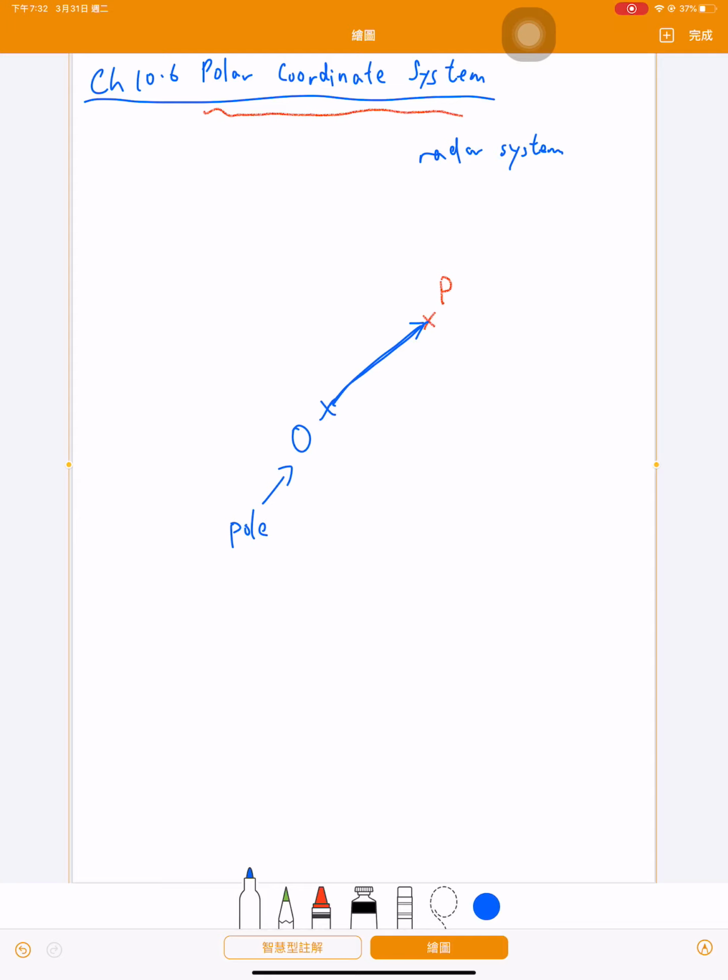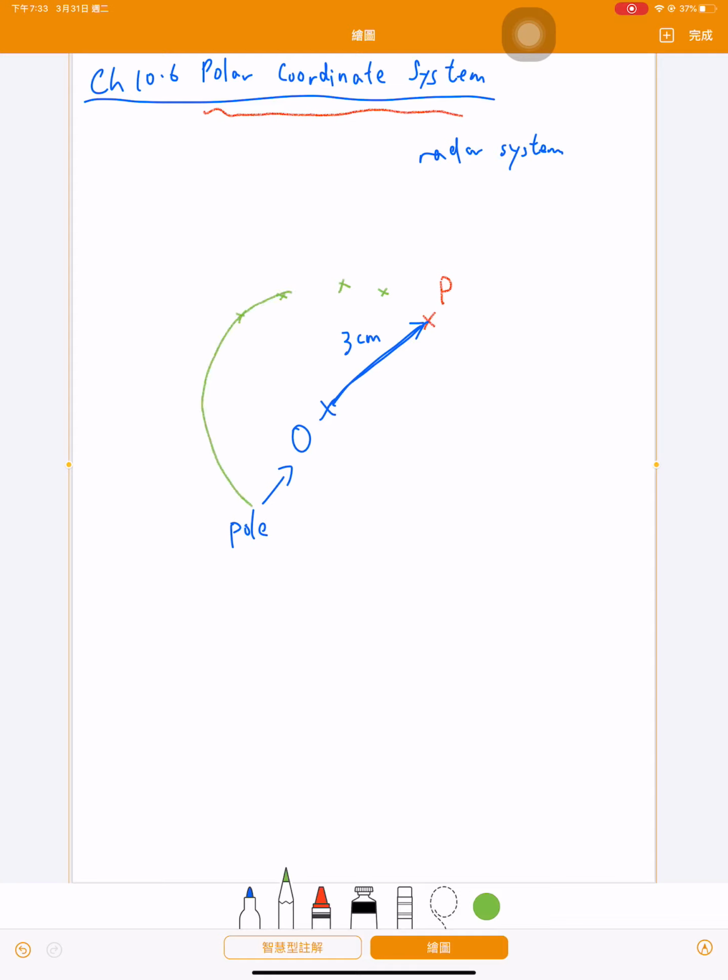The shortest distance also. For example, I let this one be 3 cm. When I tell you the point P is 3 cm away from us, you cannot know the true position of P. Why? Because there are many points 3 cm away that satisfy this condition. For example, maybe here, maybe here, maybe here. There are many points.